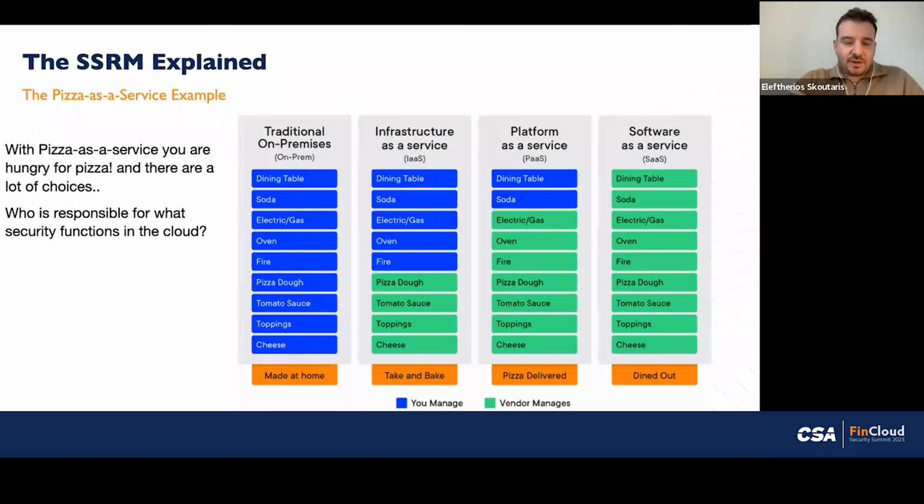Of course, in the world of cloud computing, things get a bit more complex than eating pizza, but what is important for you as a cloud customer to understand is what the cloud service that you're purchasing provides, and what are your security responsibilities for securing that service and the underlying infrastructure, and in many cases also jointly with the provider of that service.